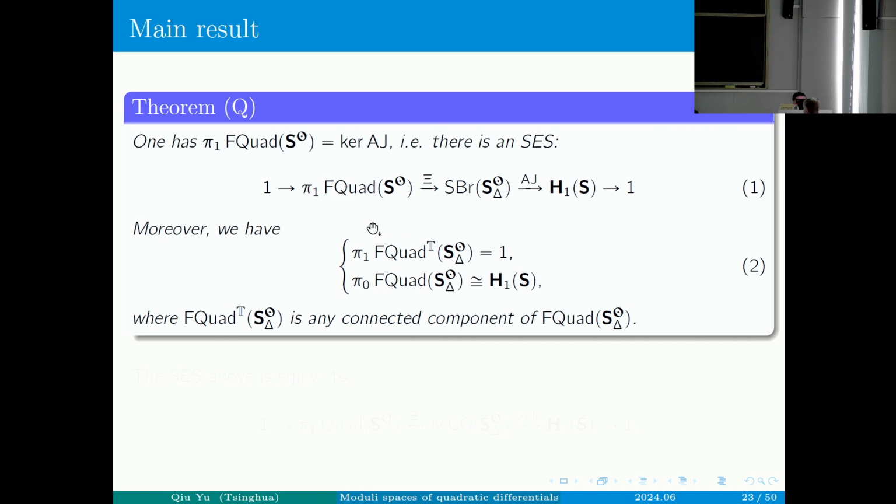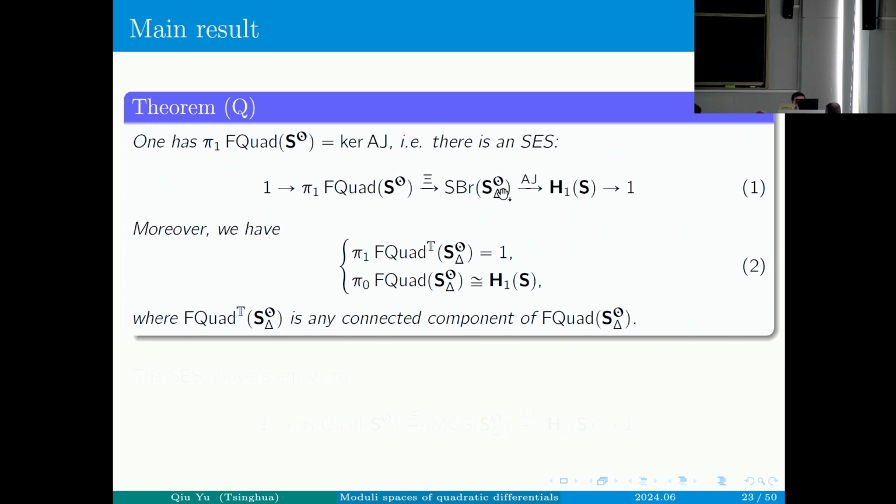But once we know this is the kernel of the AJ map, we also understand the topology of the covering space. So what is the point? Originally we have this Teichmüller frame in the moduli space, which is a big covering space. However, it is not connected.